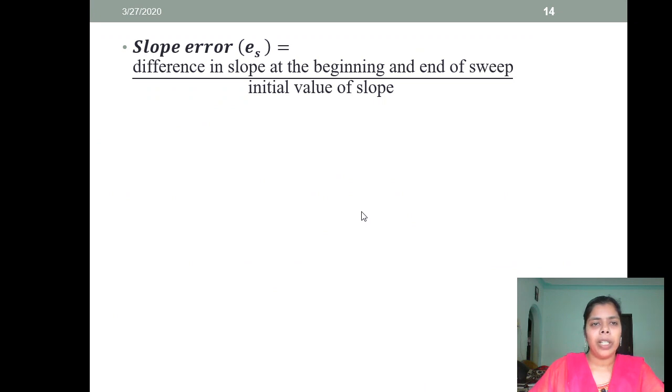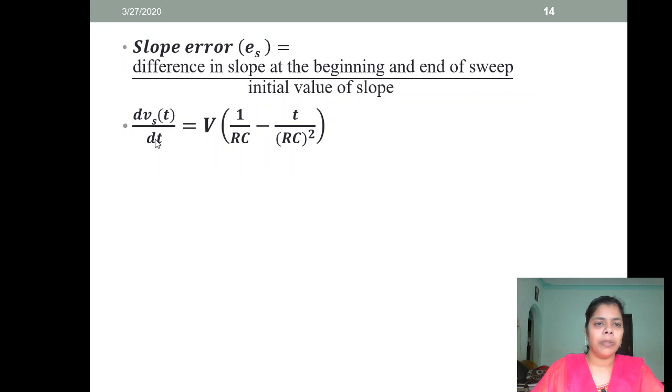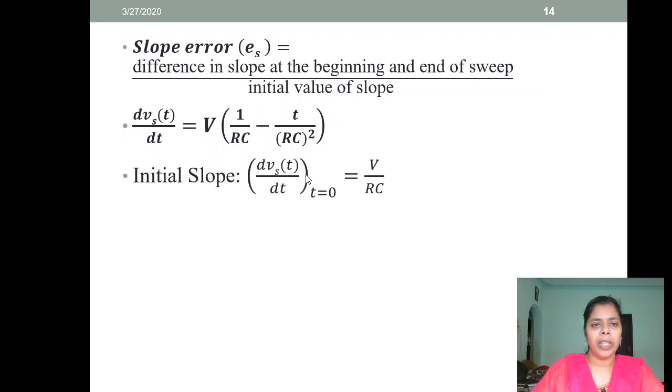We already know that slope error is the difference between the initial slope and the final slope at t equal to Ts. To determine the slope, change in y with respect to change in x is considered. So dVs of t divided by dt is given by V into 1 by Rc minus t by Rc the whole square. If we consider this at t equal to 0, the obtained slope is V by Rc.